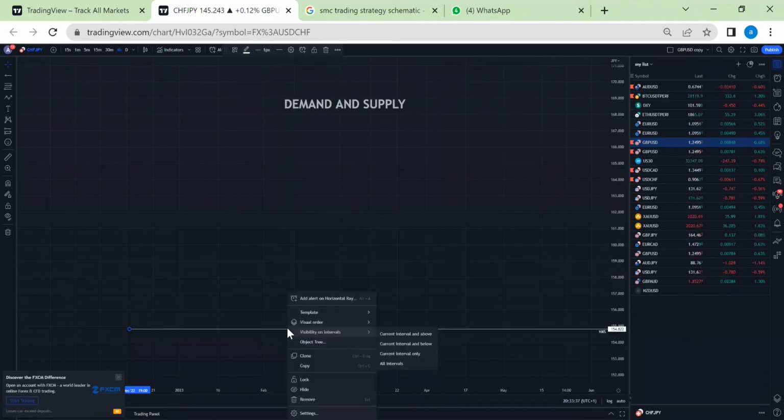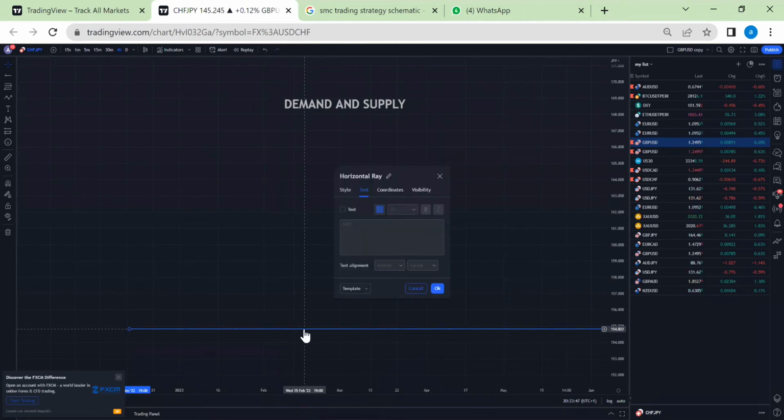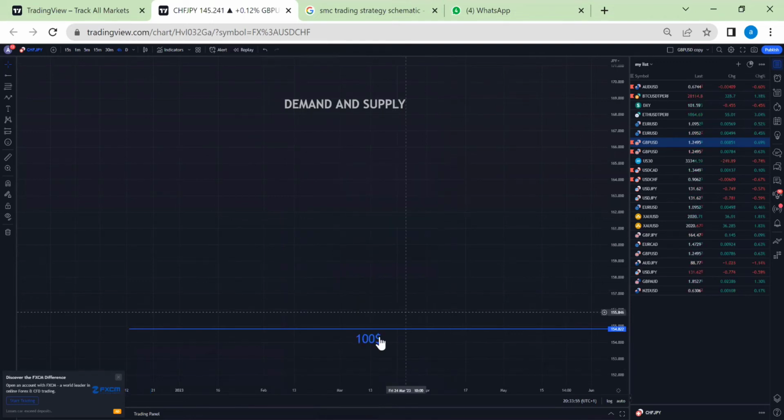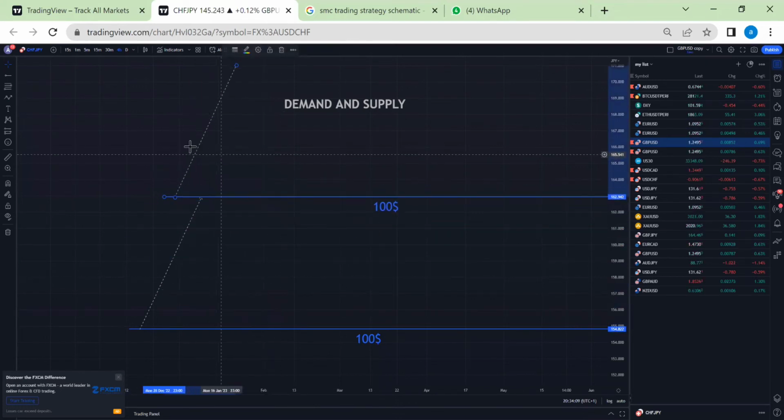From the $100, it now rose all of a sudden to, let's say, 200.